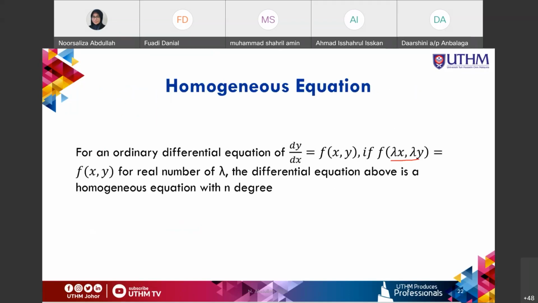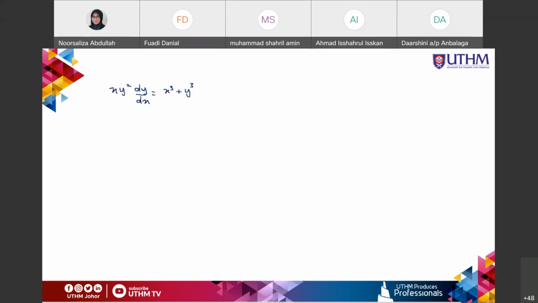Here you just have dy over dx. There is no others in front or after dy over dx, just dy over dx. So which means this whole thing, you have to bring to this side. Now you have dy over dx equals to x power of 3 plus y power of 3 plus x y square. Betul? Kan? This one you bring to this side, it will be divide.